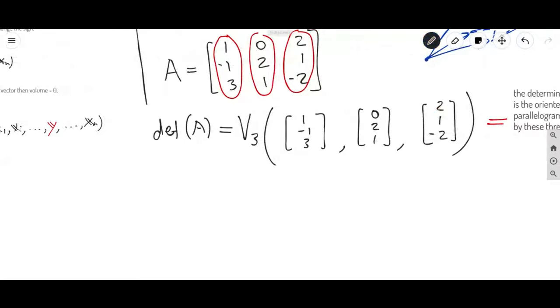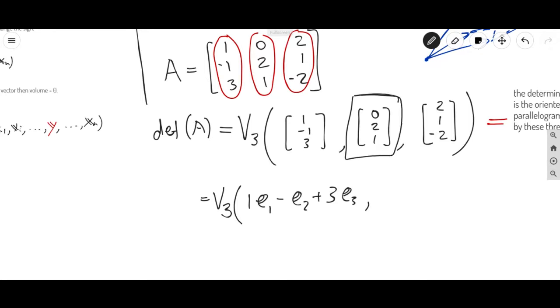So this is going to be equal to, in terms of the standard basis vectors, V3 of, now we're going to write this vector first. That vector in terms of the standard basis vectors would be 1e1 minus e2 plus 3e3, comma. Now the vector in the middle, we're going to write that one in terms of the standard basis vectors.